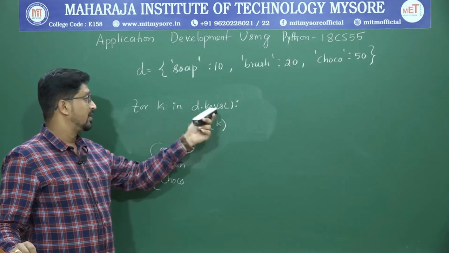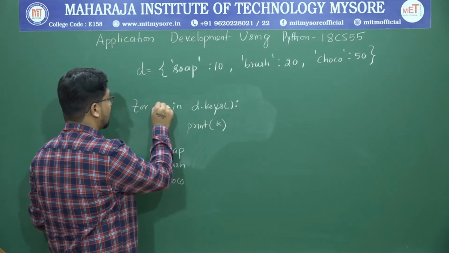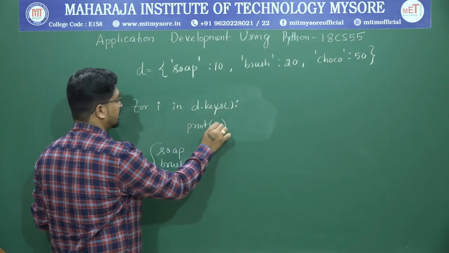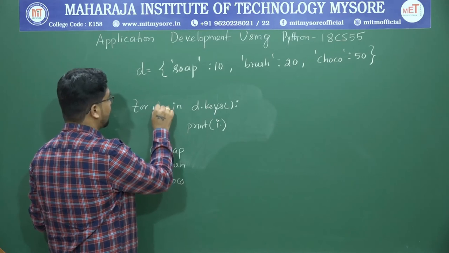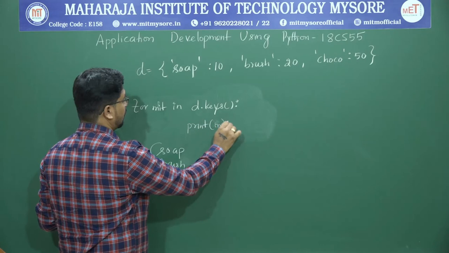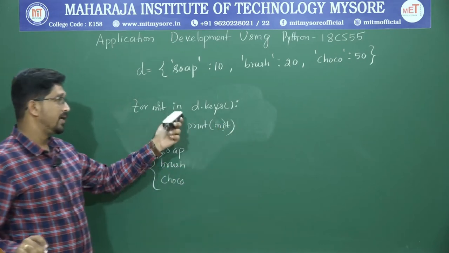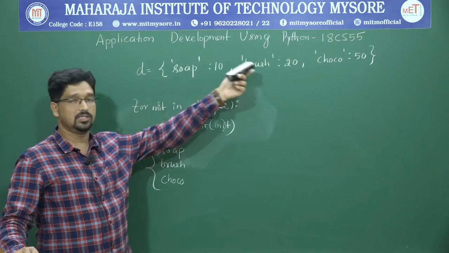For k in d.keys(), you need not take k only; you can take, let us say, i, just a variable, or you can take MIT. For MIT in d.keys(), MIT is a variable which points to all the keys.